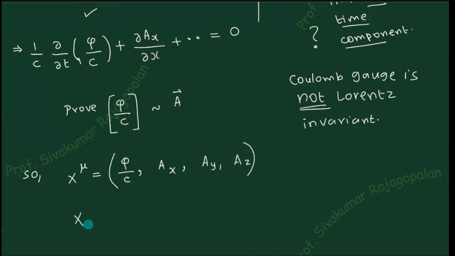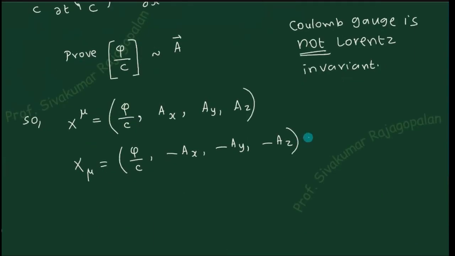And similarly, the x mu can be written down with the positive of the first component and negative of the remaining components. All of them are negative. Like this you can do. So once we have this definition, not only that, you also have the definition for the dou mu, that is equal to dou by dou x mu.